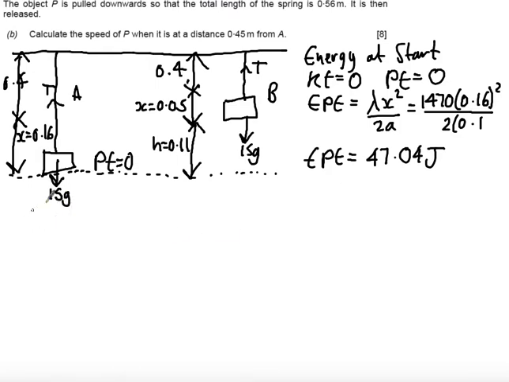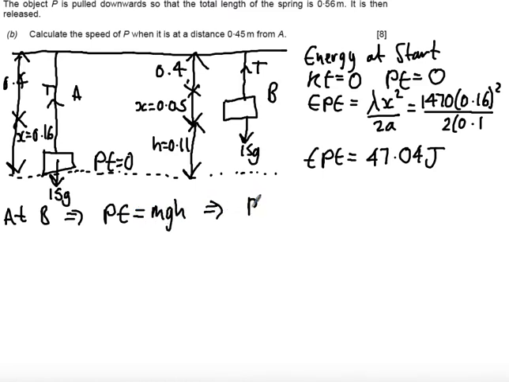Now, at point B, there is potential energy, which equals mass times gravity times height.